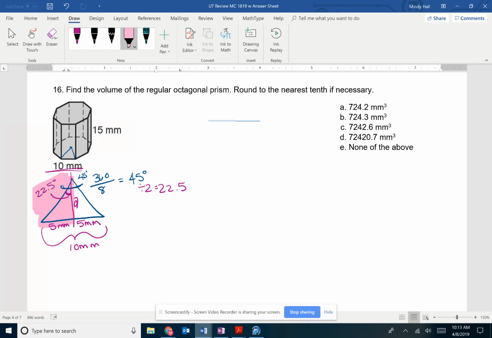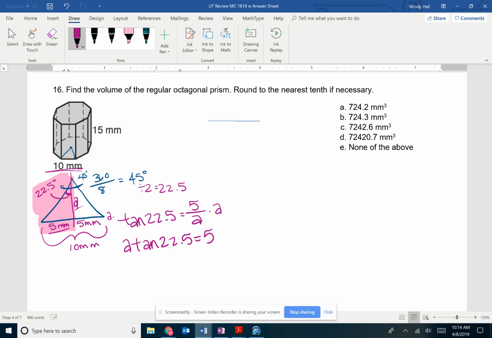Looking at that one triangle, I would have to use tangent because I have opposite and adjacent. So tangent of 22.5 equals opposite over adjacent. To solve this, we will multiply by the apothem, or the A. So we have A tangent 22.5 equals 5.